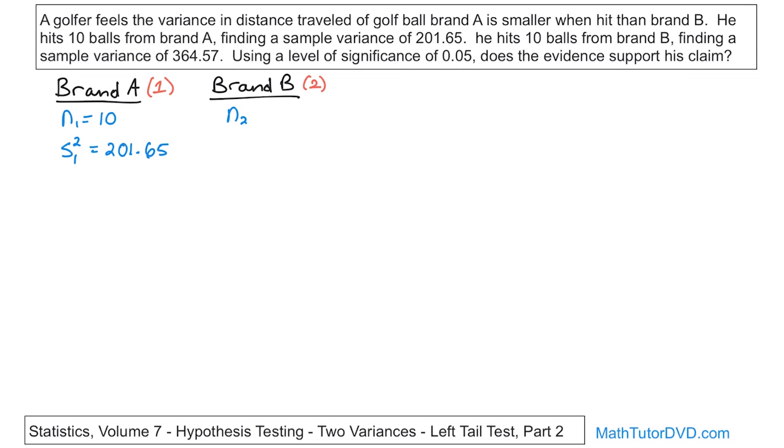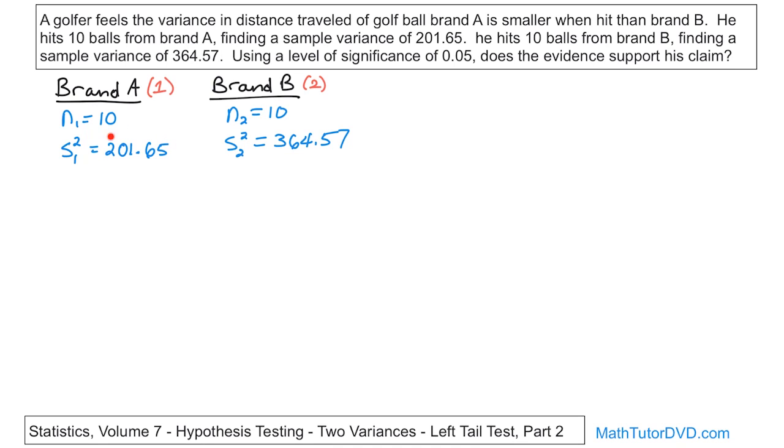N sub 2 is equal to 10. And S2 squared, the variance in the second brand of golf balls, is 364.57. At first glance, it looks like the evidence does support the claim, right?